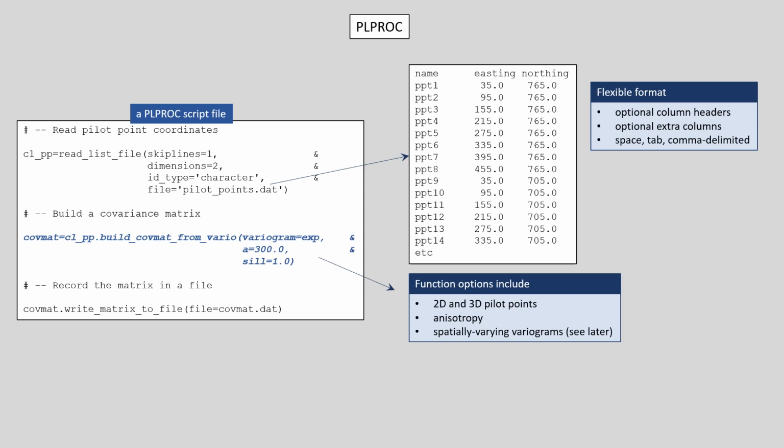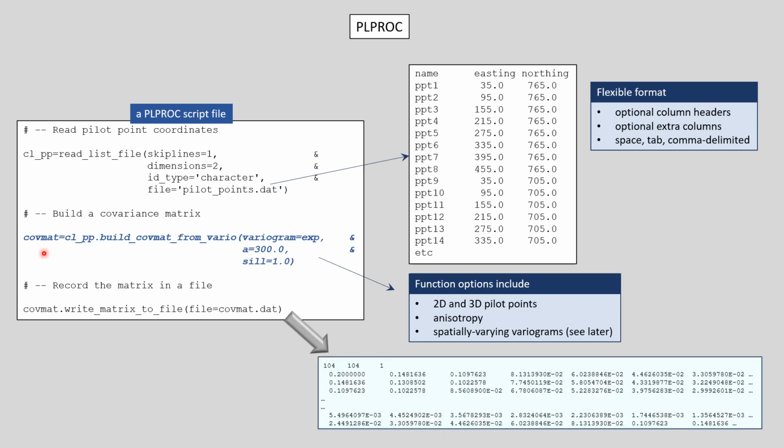Once the covariance matrix is built, that covariance matrix is recorded on a file. Note that this file does not have that columns and rows header followed by parameter name, so you have to link the rows and columns of the covariance matrix to parameters in a pest control file using one of the other options that I mentioned previously.